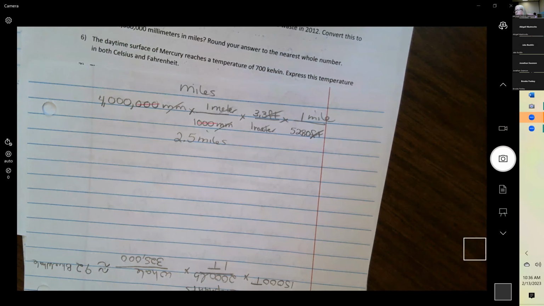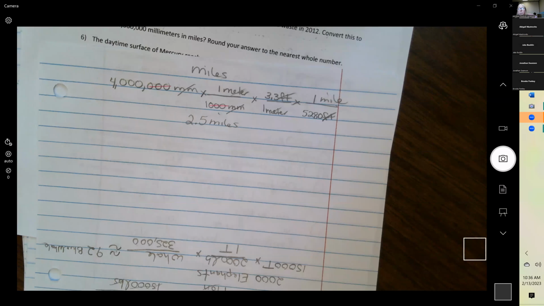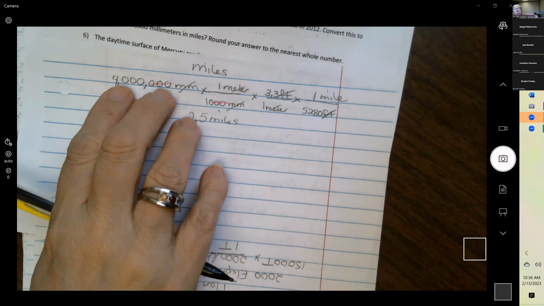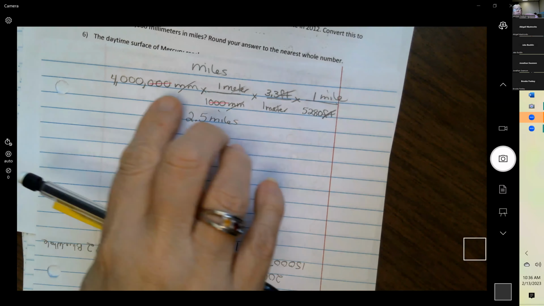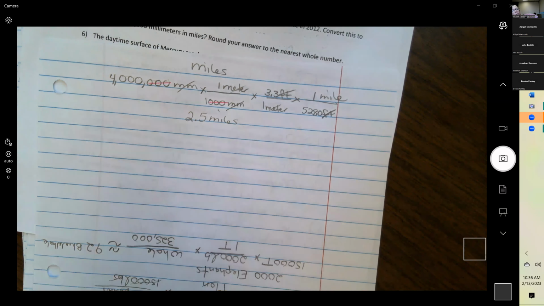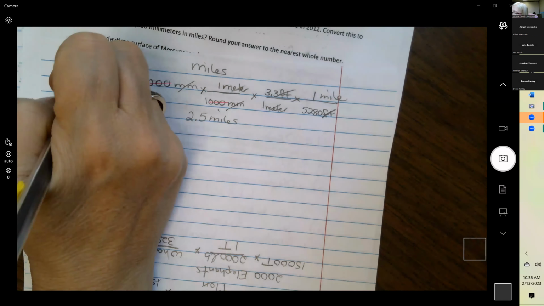So 4 million millimeters is 2.5 miles. This would be humanizing because you're taking something, this is a huge number with a small measurement, and you're making it into something you can understand more. Any questions on that one?